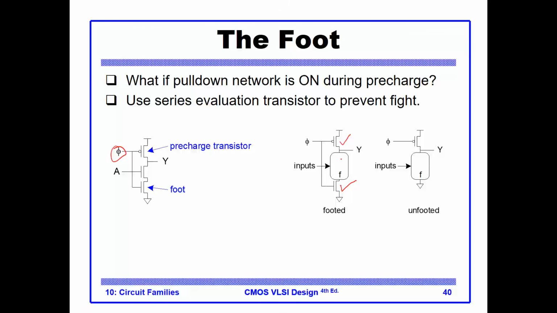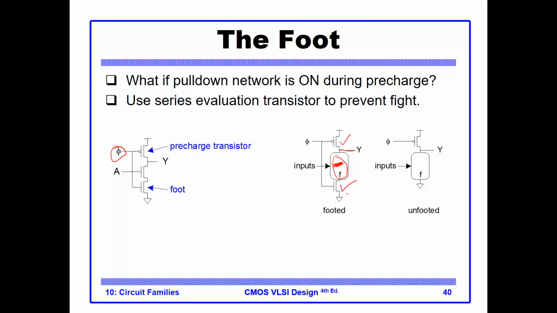Then you have the function evaluated in the middle, and notice that the output is pulled out from the bottom of the pre-charge at the top of the function. If you guarantee that this function stack will be off during pre-charge, we can remove this evaluate transistor.